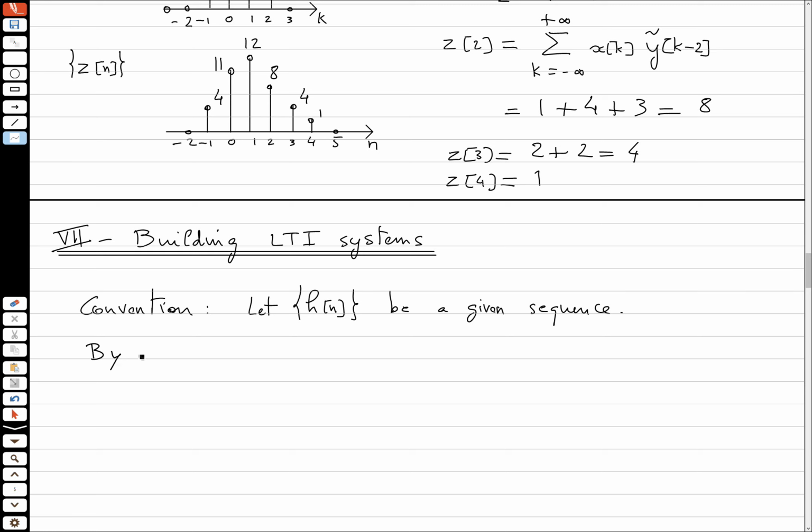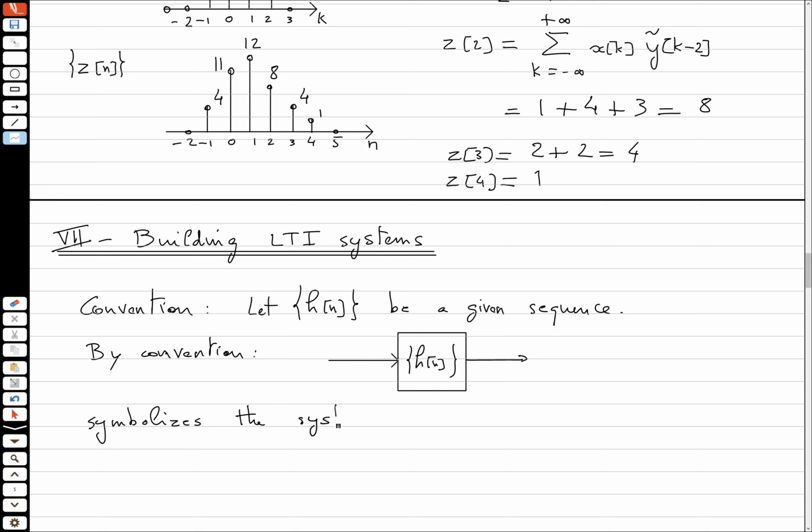By convention, if you write a box with the name of h of n inside, this symbolizes the system S such that S of x of n is equal to h of n convolved with x of n.